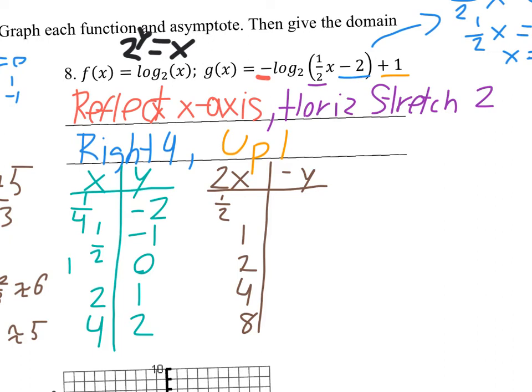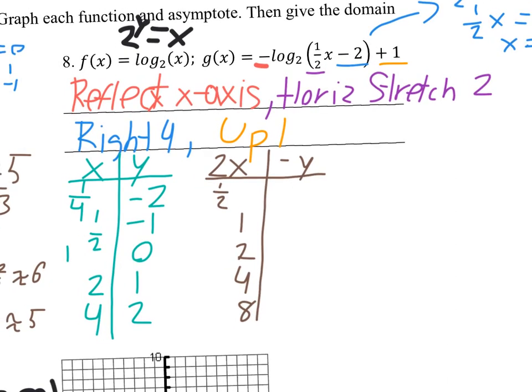Negative y, same sort of thing. I'm taking this negative y, I'm plugging in for the y's that were over here. So, that -2 becomes a 2, that -1 becomes a 1, that 0 is still a 0, that 1 becomes a -1, that 2 becomes a -2.